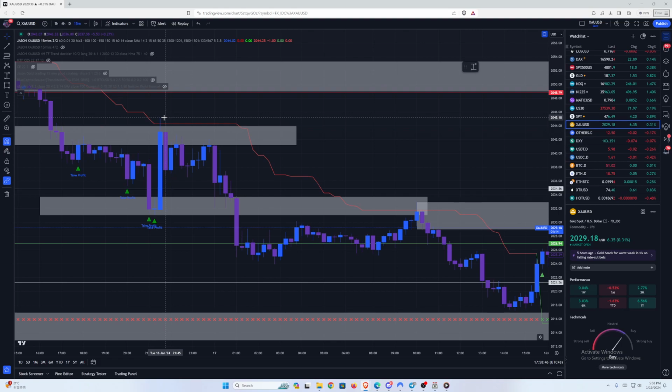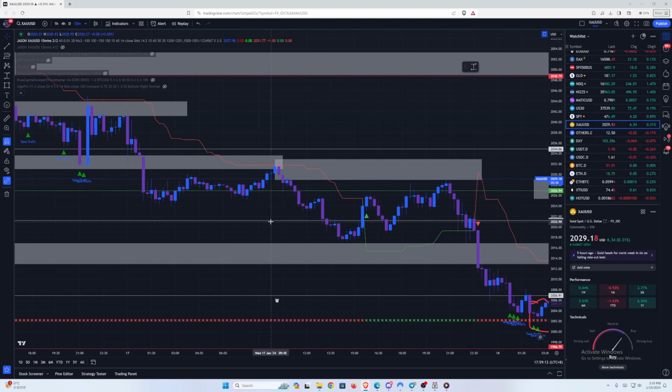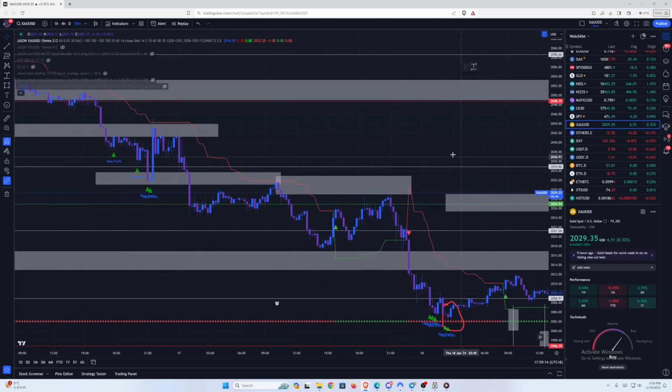Place your stop loss above the previous candle that has been highest in the supply zone, and let it ride all the way down to this structure area, like here, take profit. Or, as I've told you before, 1 and 2 and 3 levels of the take profit, and you can use that to take your profit.